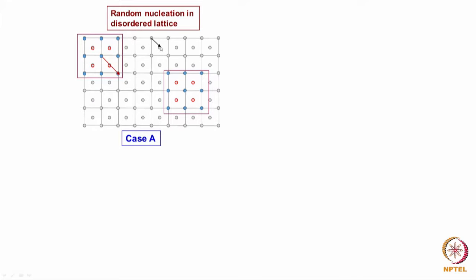When it is ordered, how do we decide a translation vector? From one point to another point, if you displace an atom position, it goes from one position to another identical position. If we apply this criterion, then immediately we can see that from here to here, this vector is the Burgers vector of the ordered lattice, correct?